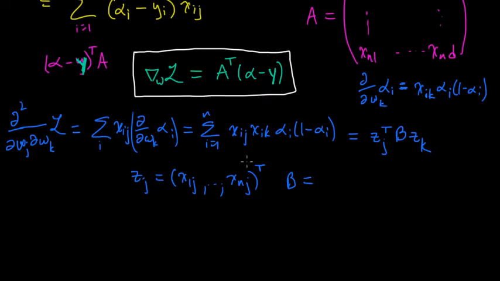When you have an expression of this form, the matrix in the middle is a diagonal matrix. So to be explicit, it's alpha 1 times 1 minus alpha 1, down to alpha n times 1 minus alpha n. Sometimes we write diag of alpha I, 1 minus alpha I for this matrix.